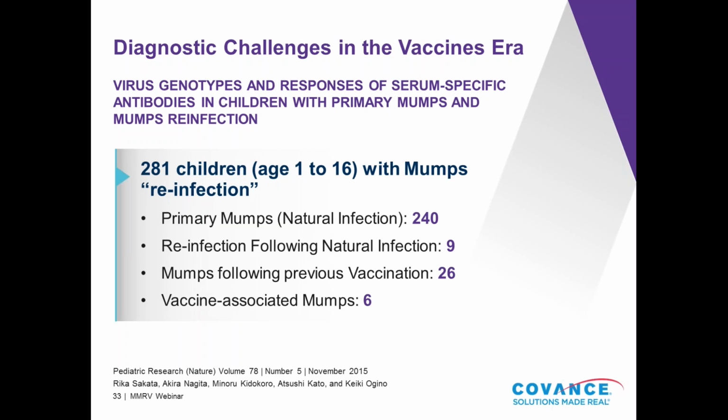Of them, 240 had a natural infection, a primary mumps infection as the authors defined. 9 had a reinfection following the natural infection. 26 had mumps despite being vaccinated at some point in their life. And there were 6 cases of vaccine-associated mumps.